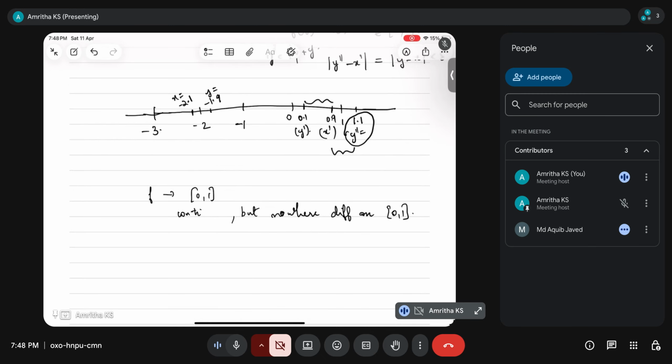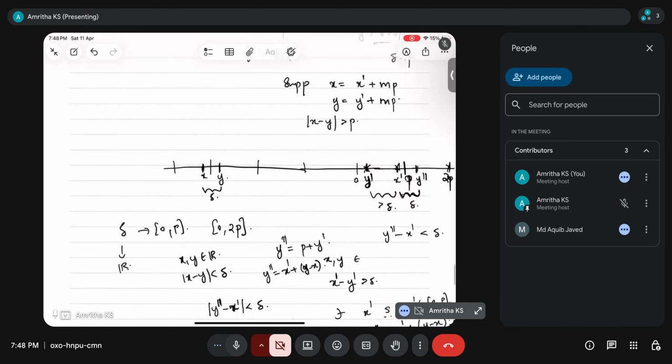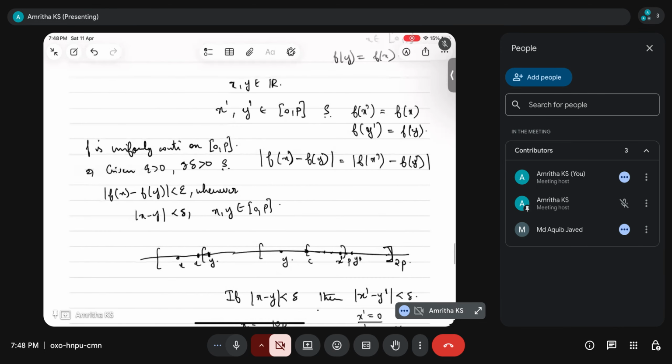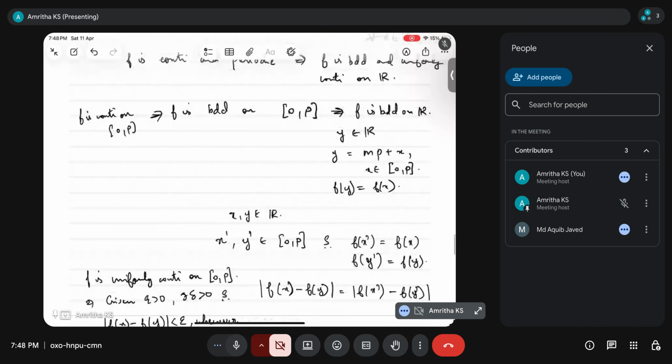Let me ask one more question. I was thinking about it during this exercise. Here you are taking f continuous on the closed interval 0 to p. So you need it closed plus bounded, and that gives f is bounded.